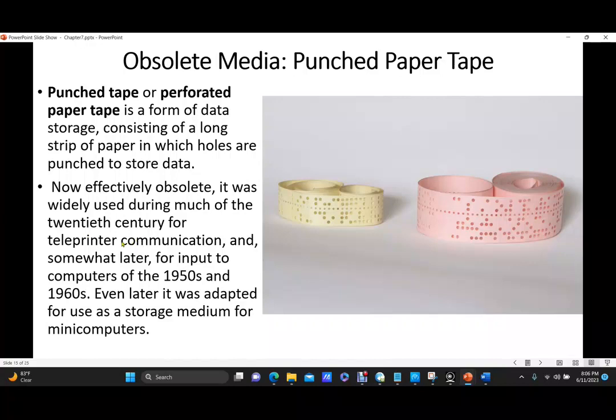During much of the 20th century, it was used for teleprinter communication and somewhat later for input for computers of the 50s and 60s. Even later, it was adapted for use as a storage media for minicomputers.